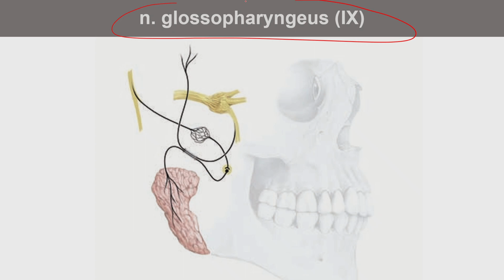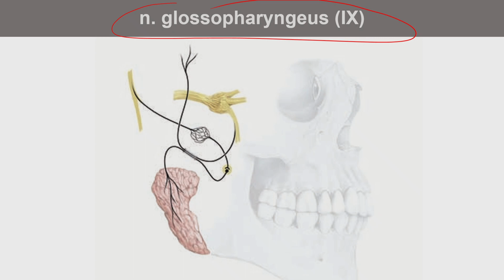More information about glossopharyngeus. Glossopharyngeus nerve has, again, important connection with the other nerves. So what's important?